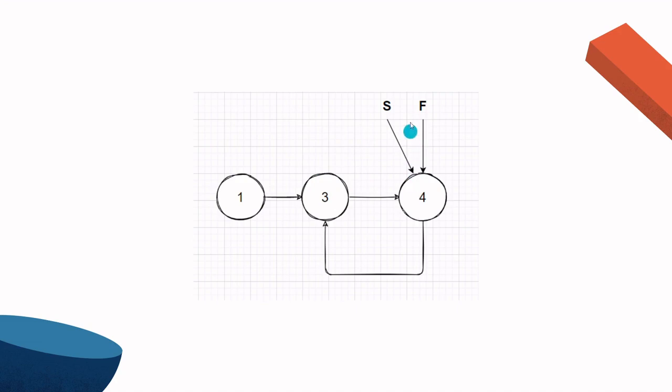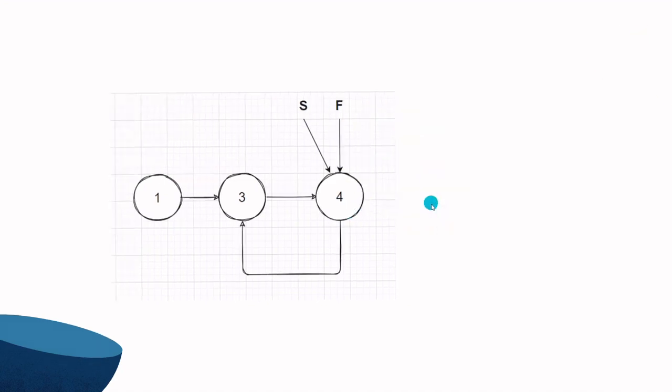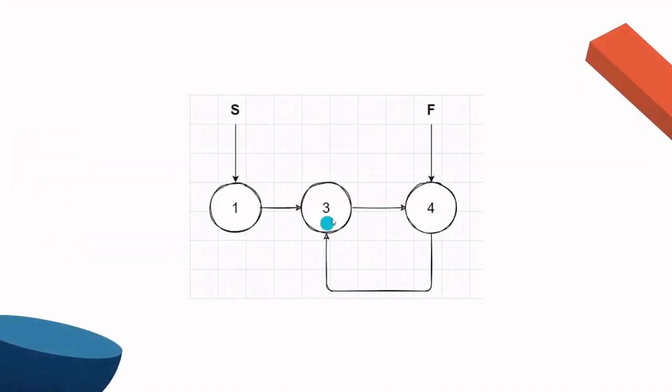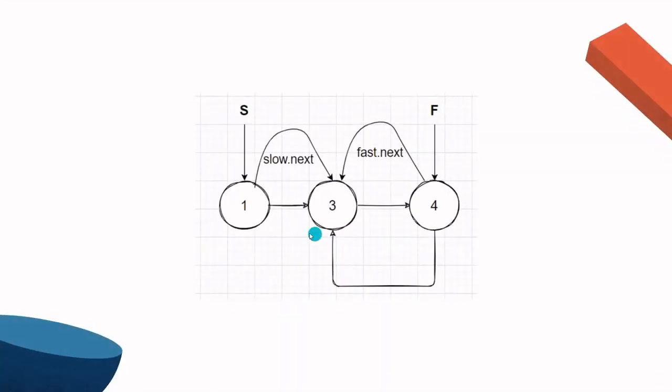Now what we have to do is, we have to move our slow pointer back to the head, keeping the fast pointer here, right? Now what we will do is, we will keep moving slow pointer and fast pointer one node at a time till slow.next is equal to fast.next, which is going to happen in the first iteration itself.